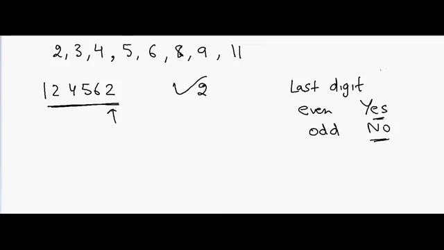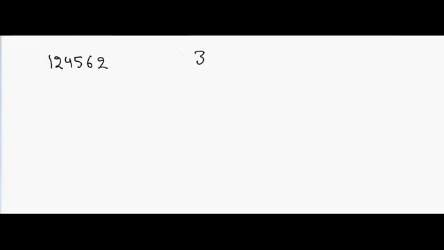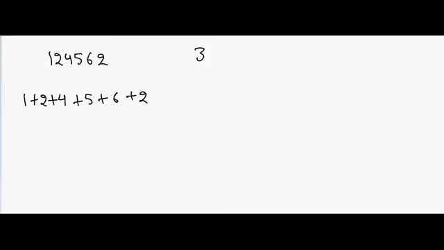Now let's talk about division by 3. So if I have 124562 again, and I'm looking at whether it's divisible by 3 or not, in that case I'll add all these numbers together. So I'll say 1 plus 2 plus 4 plus 5 plus 6 plus 2. That will give me 3 plus 4 is 7, 7 plus 11 is 18, plus 2 is 20.